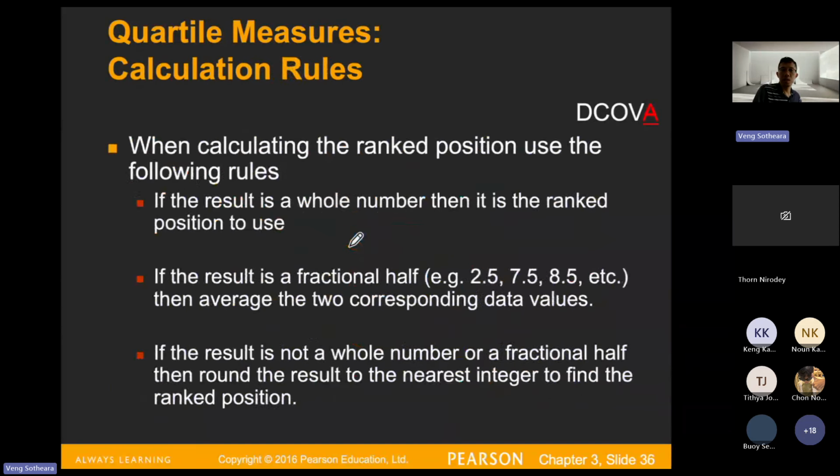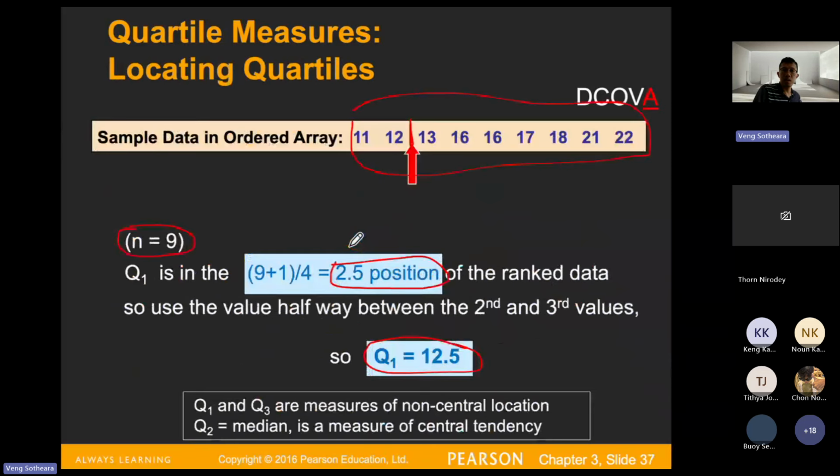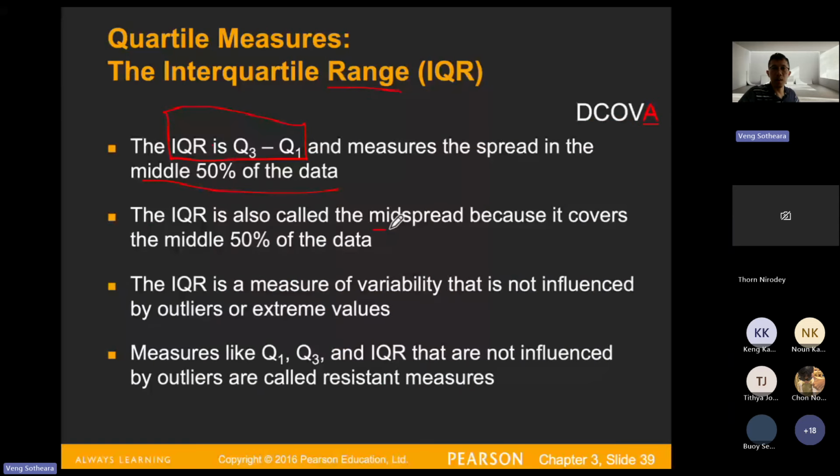So IQR gives us a glimpse of the spread of the middle 50% of the data. It is also a measure of variability, measure of spread or measure of variation.